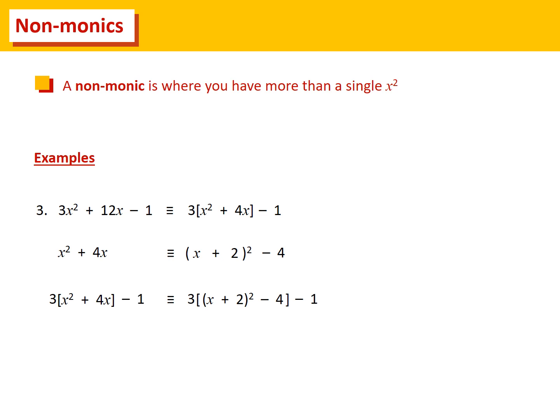And then we've also got that subtract 1 here, so we need a subtract 1 here and a subtract 1 here. We then multiply out the square brackets, and then we include the subtract 1 on the end, and that is our final answer.